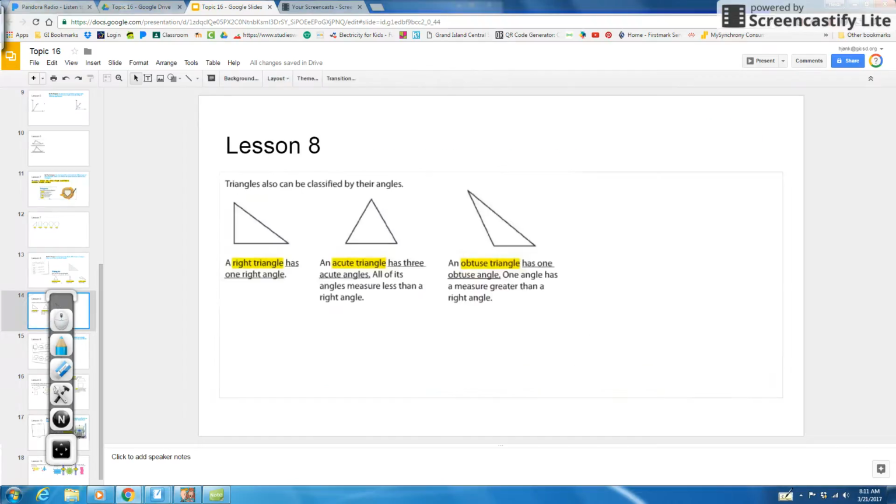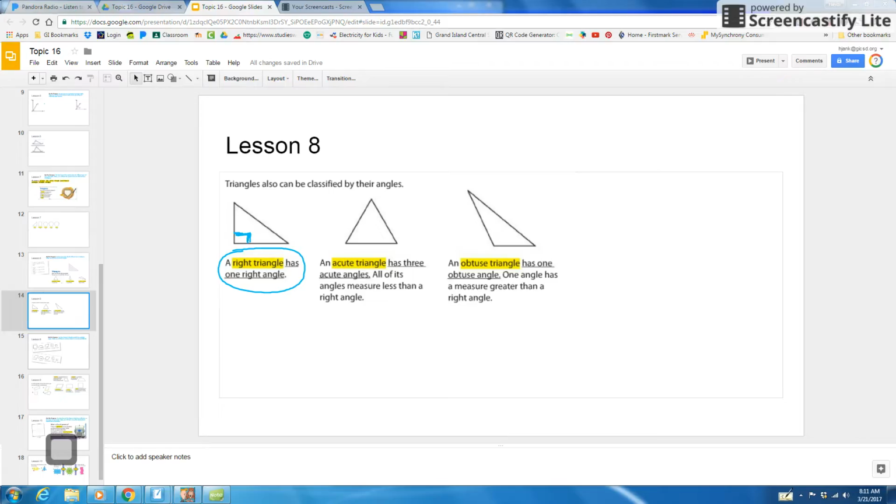So going to our next slide now, here is our right triangle that we just had on the other screen. And there's that right angle. It doesn't mean that all three angles are right angles, just at least one of them. That's the one you'll be able to notice the easiest because it has that most obvious angle.